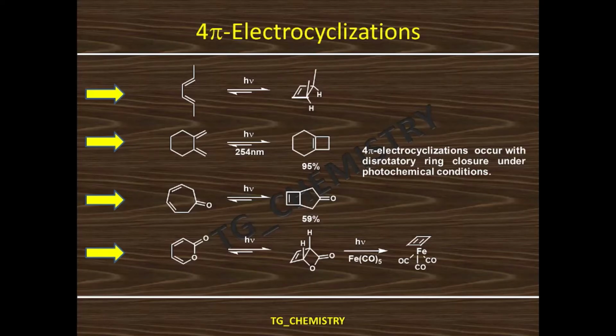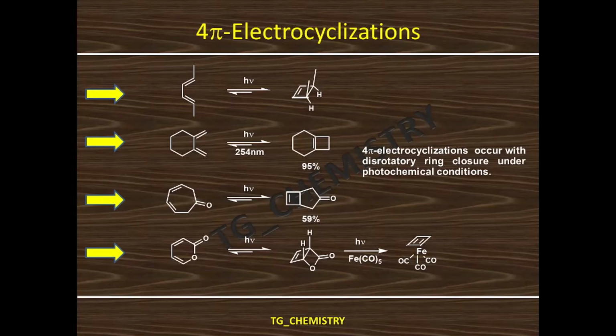The third example shows a cycloheptadienone, which upon photoirradiation again goes through an electrocyclization process and ring closure, providing a fused 4-5 ring carbonyl compound in 59% yield.